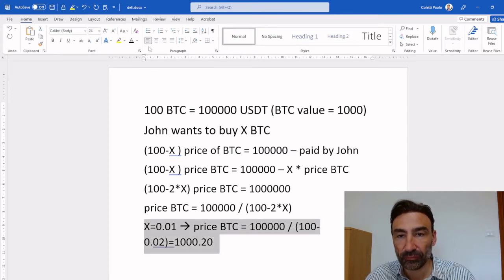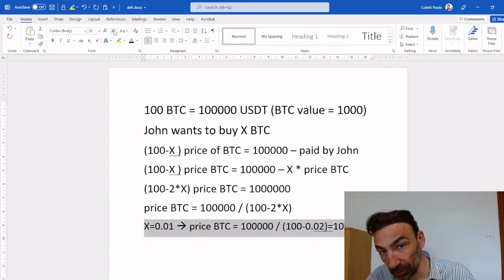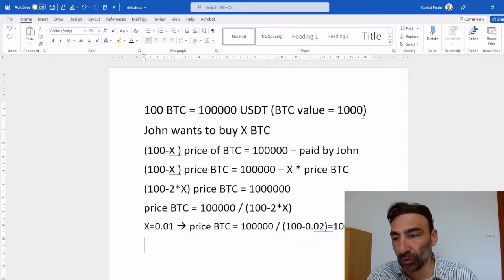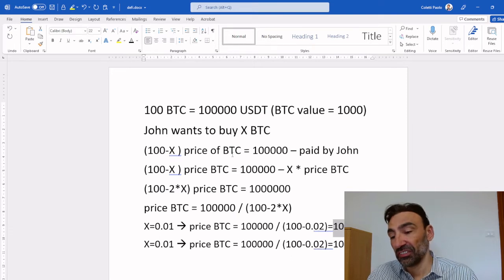So if John tries to buy a small quantity, the price is pretty close to the original price, however slightly higher. This is the price at which, after John's purchase, the remaining quantities are again 50-50.